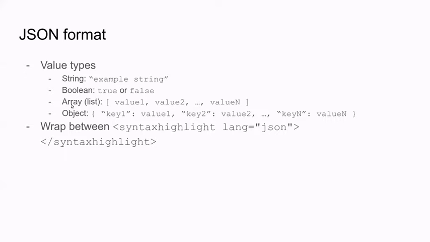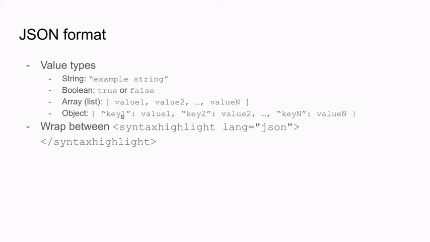You can have arrays or lists. An array in JSON is defined between square brackets, and inside the square brackets you have the series of values of that array. So we have value 1, comma, value 2, comma, as many values as you want, value n. And you may also have objects. An object is a series of pairs of keys and values.